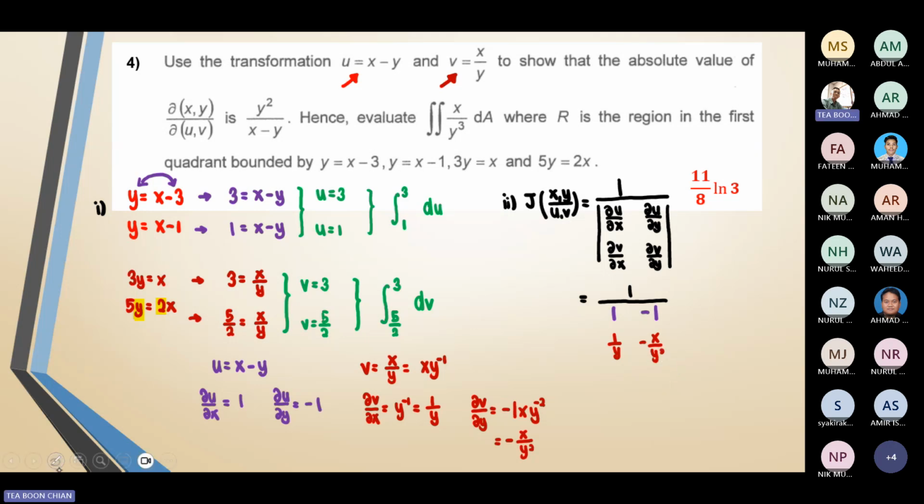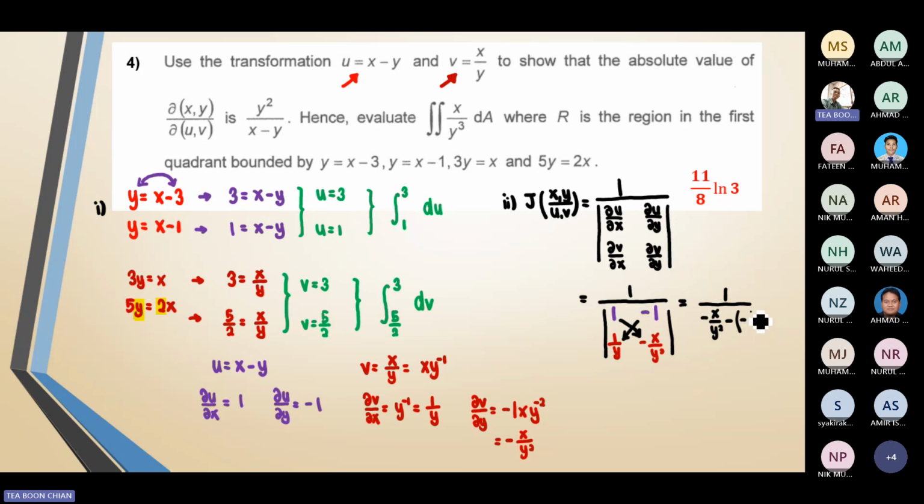So now we are ready to compute the Jacobian and see whether the answer is indeed the same. By the Jacobian determinant, first 1 multiply negative x over y squared. We have negative x over y squared, minus negative 1 multiply 1 over y.